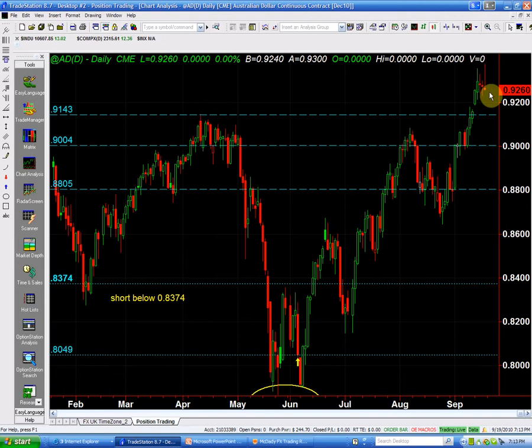And that close that you see on Friday, this is the Friday close, is quite a negative close. This is quite a bearish close.